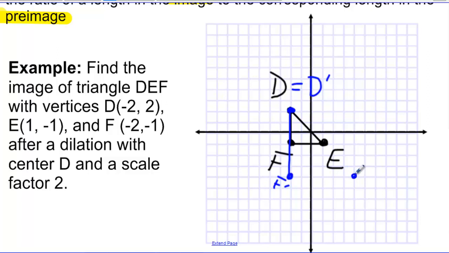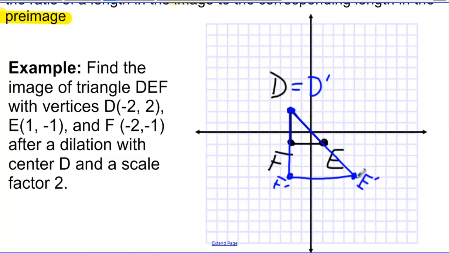And so E prime will go right here. And again, I can draw that line in, and you can see it's twice as long. And then the diagonal line, I would have needed to use the Pythagorean theorem to figure out the length of that side, but since I now know where D prime, E prime, and F prime are, I don't actually have to do that. I can just draw that line in.